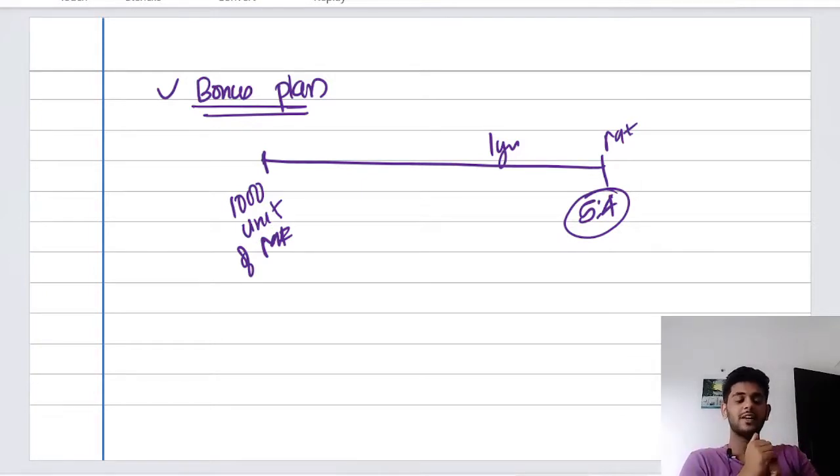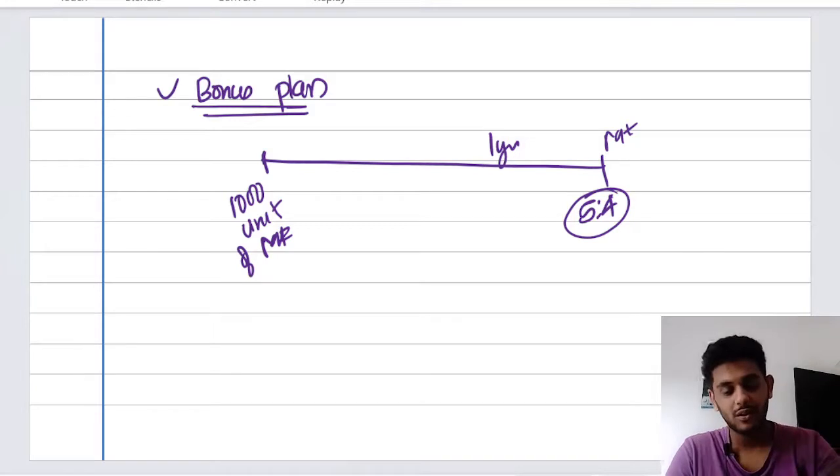The investor gets some more units, which enhances his holdings in the mutual fund. So rather than giving dividends or reinvesting them, the mutual fund gives an additional number of units on the basis of a certain ratio. That is called the bonus plan.